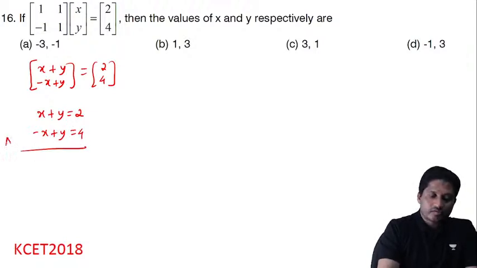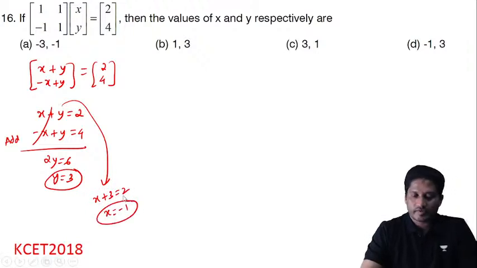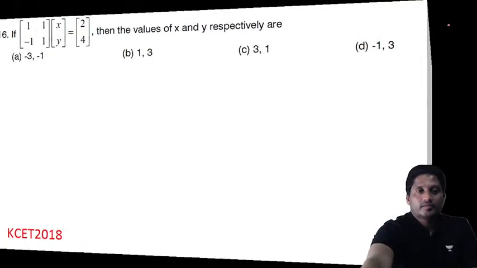If I add these two, x cancels, 2y is equal to 6, y is equal to 3. If I substitute y is equal to 3 here, you get x plus 3 is equal to 2, x is equal to minus 1, y is plus 3. Answer is option D. Let's move to the next question.